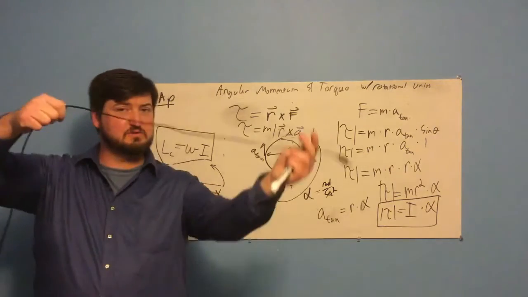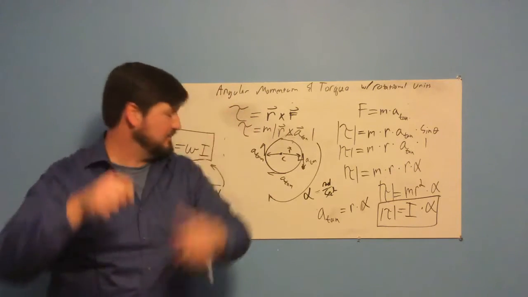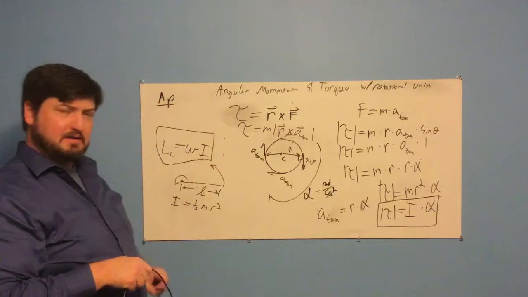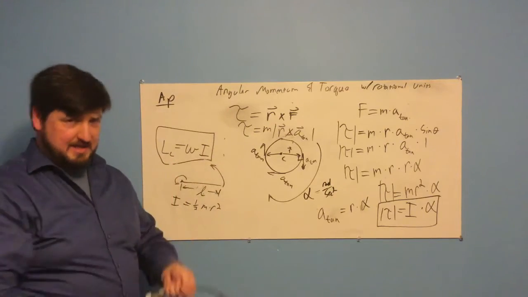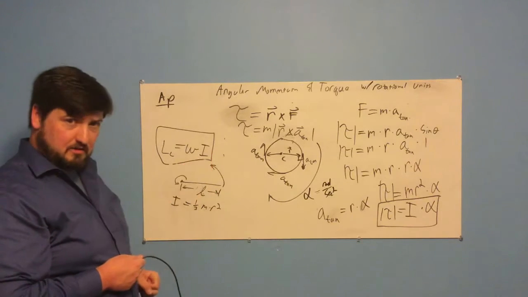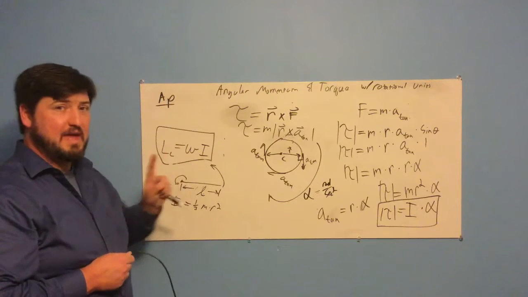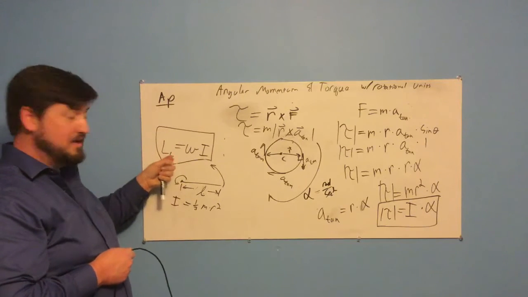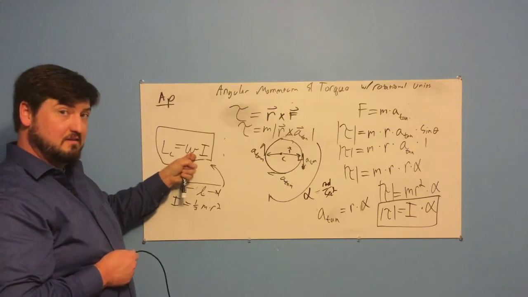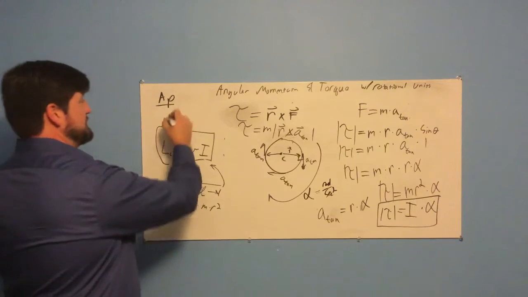So if my radius goes from this to suddenly here, what's going to happen? Well, mr squared, right? My mass doesn't change, it can't change, it just is what it is. So if my mass doesn't change here, but my radius does change, the only other option we have to keep this number the same is to change our omega. So again, let me write this out so you can see all the parts that are moving here.